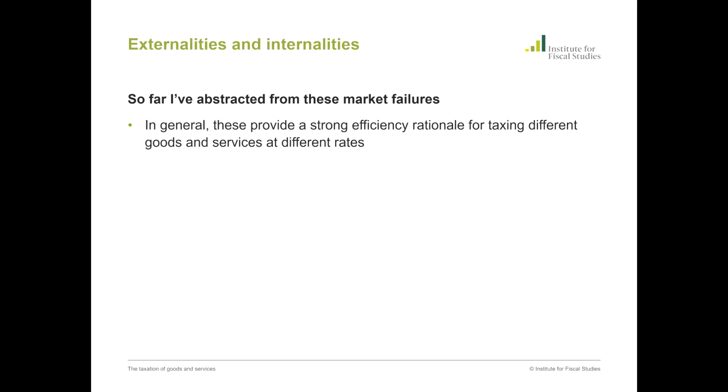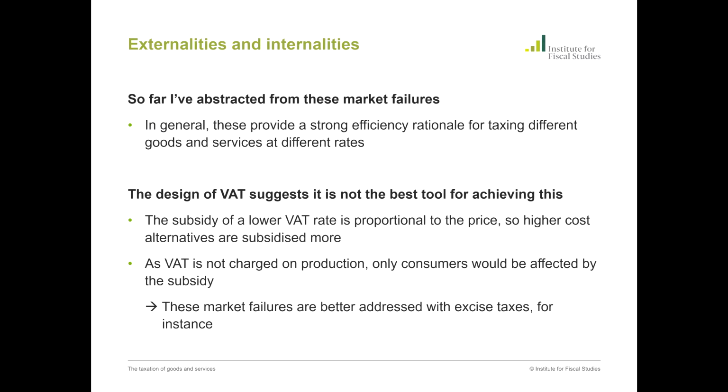Firstly, VAT is an ad valorem tax, it's charged proportional to price, and this means that if we fiddle with VAT rates, the subsidy implied by a lower VAT rate is going to be proportional to the price, and so the subsidy is going to be higher for higher cost alternatives. And that's not, in general, going to obviously be something we want to do.